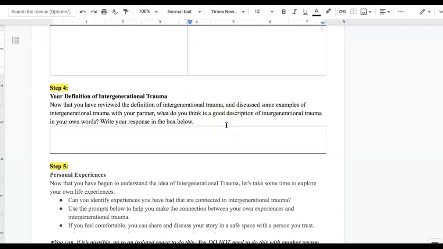Then we want to make sure that we are fully understanding what this word means. What is intergenerational trauma? Write your response in this box. What do you think, in your own words? How would you define intergenerational trauma?